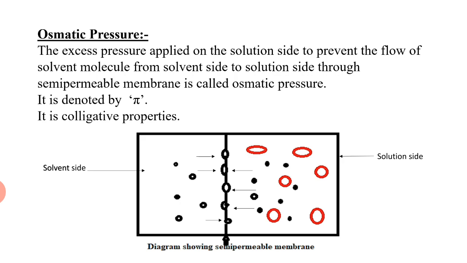At the same time, there are three arrows shown on the solution side that oppose the solvent molecules so that they do not come to our side, and due to this the excess pressure is applied by the solution side to prevent the flow from the solvent side, and this is nothing but osmotic pressure. So student, I think you get what osmotic pressure is.